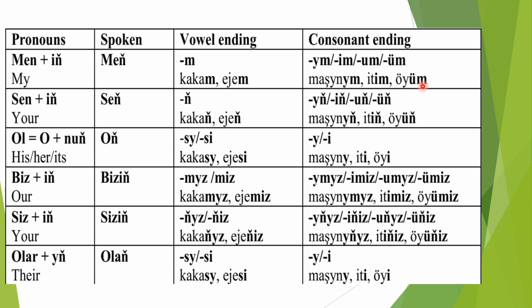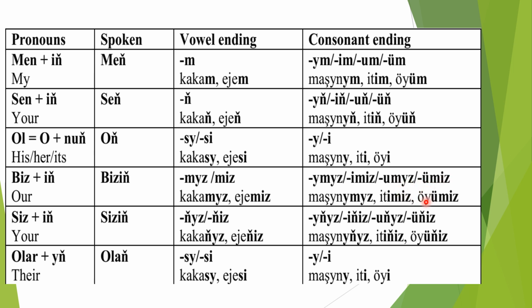Meniň öýüm, my home. Then seniň: yň, iň, üň. Seniň maşynyň, itiň, öýüň. Biziň: ymyz, imiz, umyz, ümiz. Maşynymyz, itimiz, öýümüz. Pay attention to the suffix here, ümiz. The u, but here the ü is not rounded. Why?